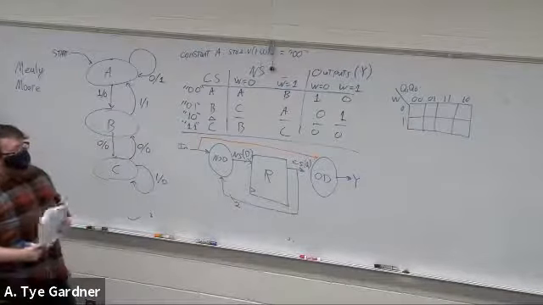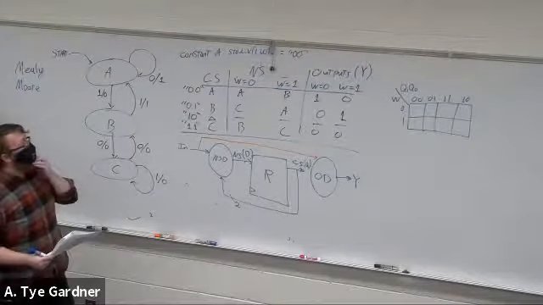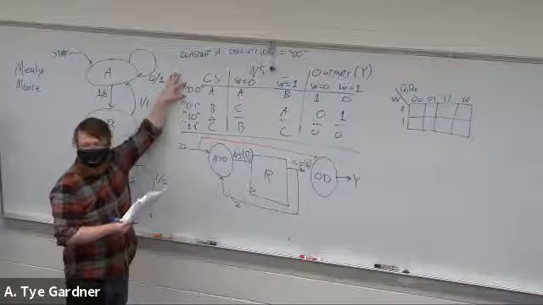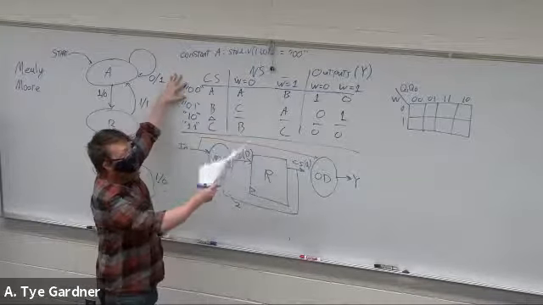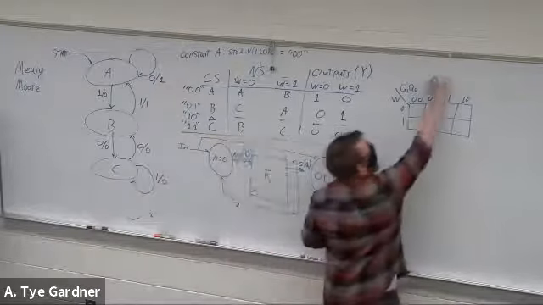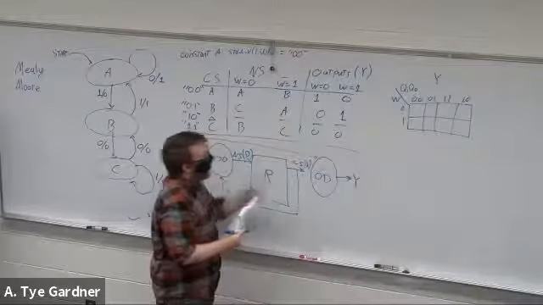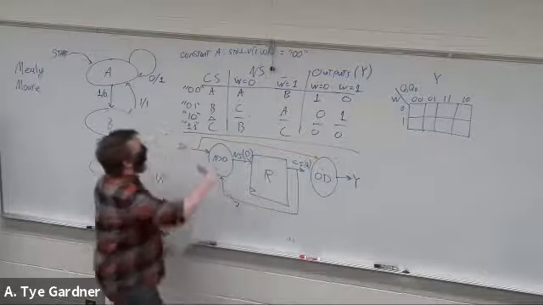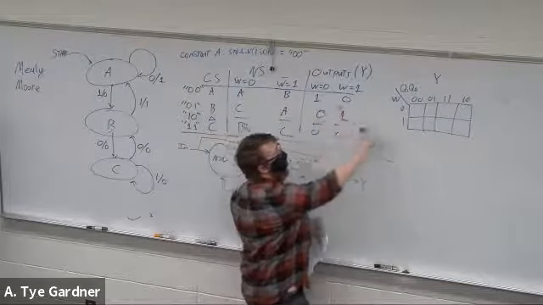And now I just have to fill in the K-map, right? So let's look. If my current state is 0, 0, that's that first column. And so my results then, Y, and do the output decoder first, it's a little easier. In the case of 0, 0, I get a 1 or a 0.